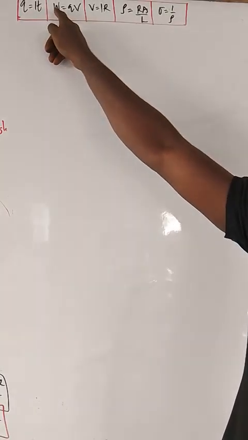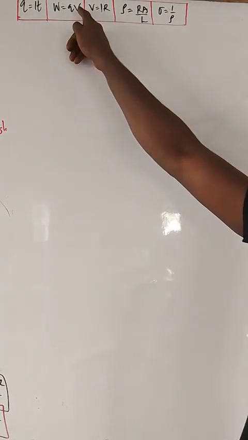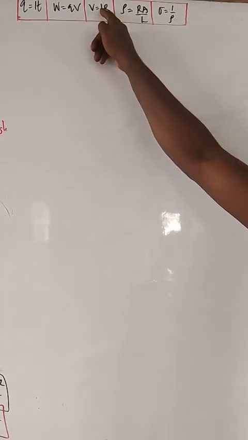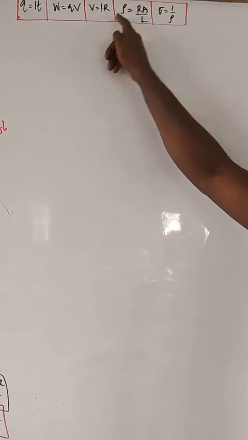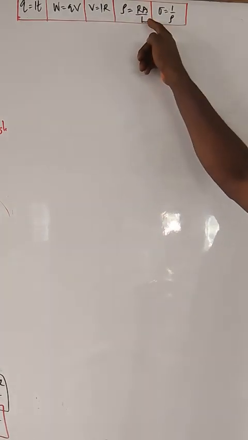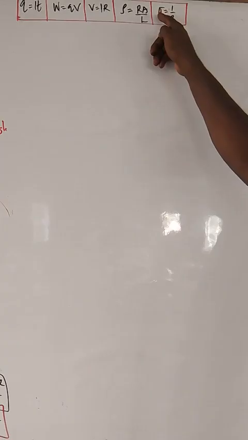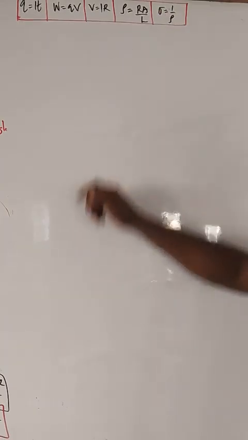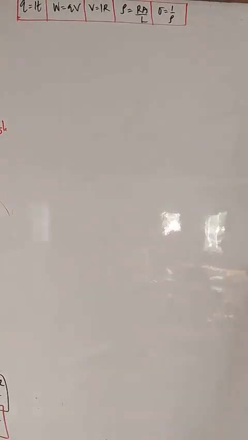Time, seconds. Work done, joules. Charge, coulombs. PD, potential difference, volts. Current, amperes. Resistance, ohms. Resistivity, ohm meter. Area, square meter. Length, meter. Conductivity, per ohm per meter. You should know what each stands for.